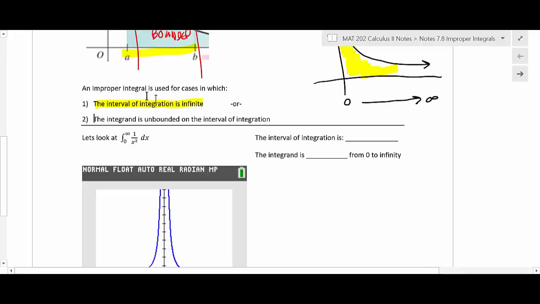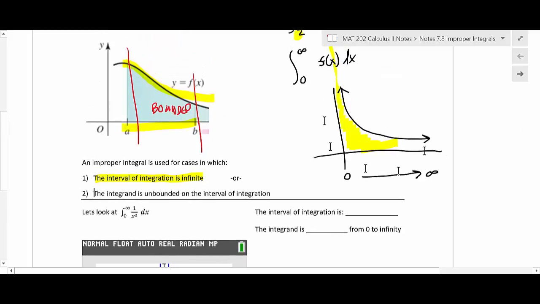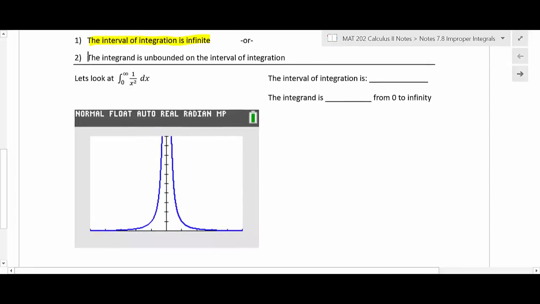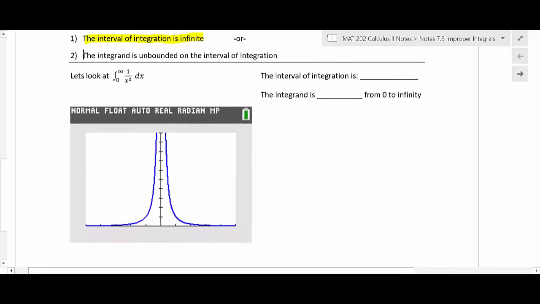So like I just said, an improper integral, you're either going to have the limits of integration be infinite, or you're going to have this unbounded case like I showed there. You're going to have something around an asymptote. That's the idea.